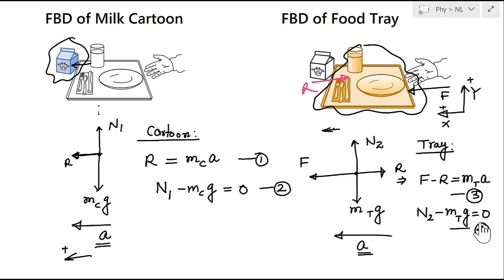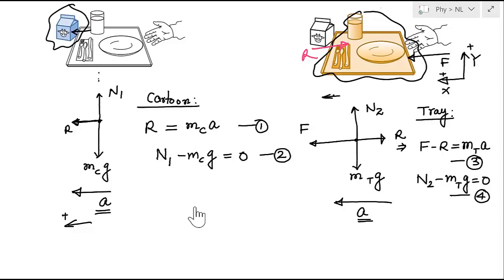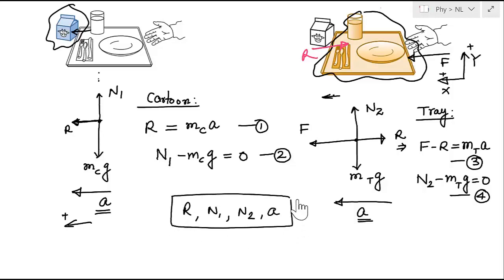So there are 4 equations and 4 unknowns: R, N1, N2 and acceleration. In this problem we only have to find R and A, so we can use equation 1 and equation 3.